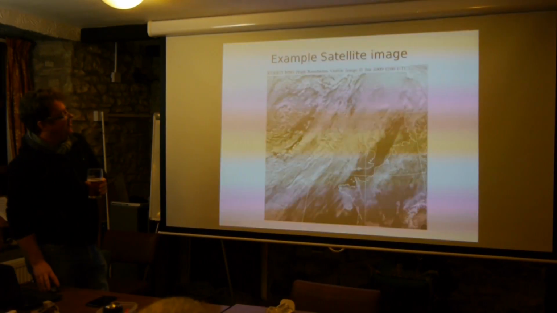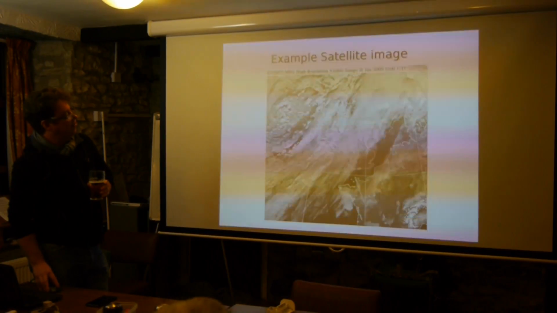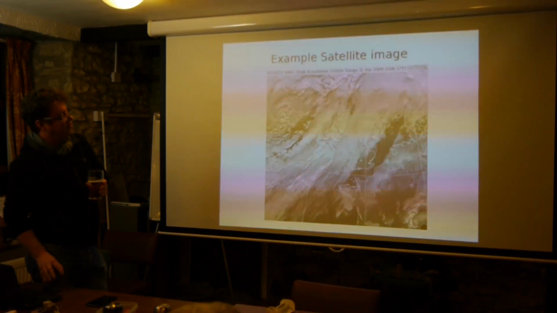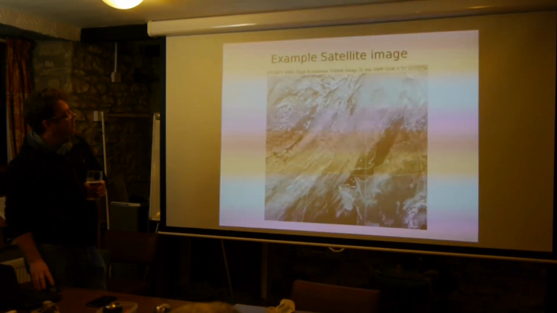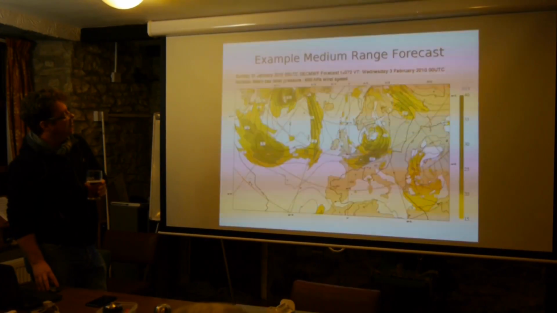Because the high cloud is here already, and in another 2 or 3 hours the high cloud is going to be a lot thicker. So that's the kind of way in which people use satellite images, but obviously they require some effort to read, and they're not as definitive as something like RASP or one of the detailed forecast sites.